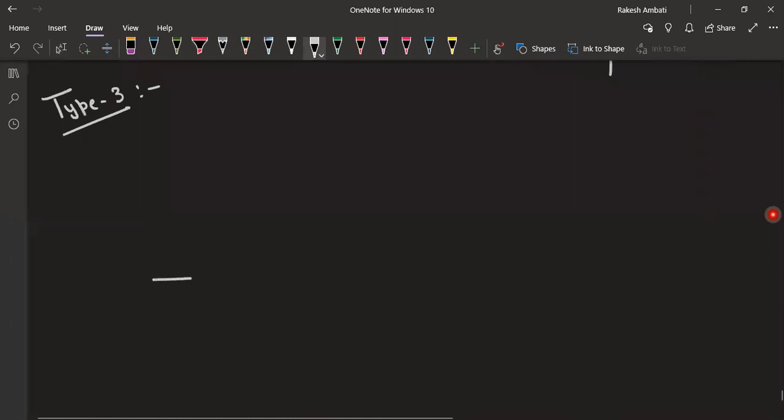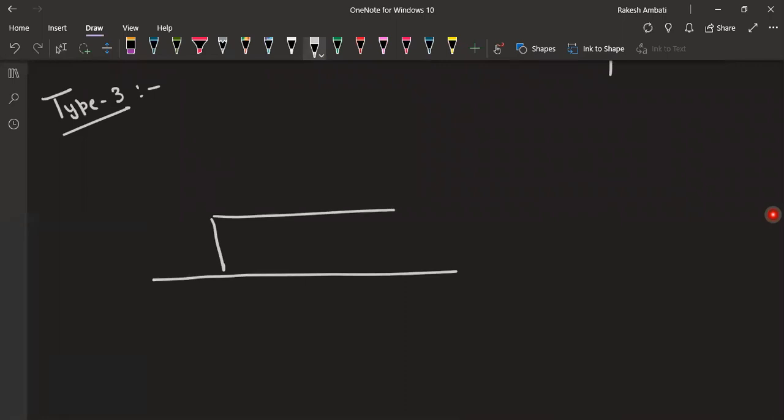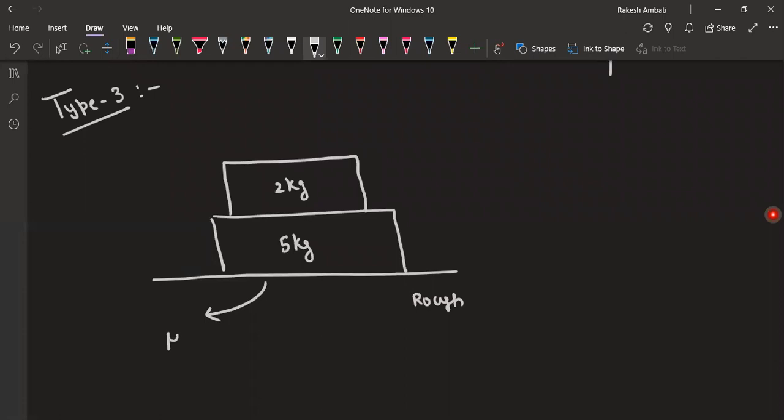In type 3, I'm taking both surfaces rough. No, it is a rough surface. So this block has mass 5 kg, and then this block has mass 2 kg. For this surface, mu equal to, for example, 0.2.